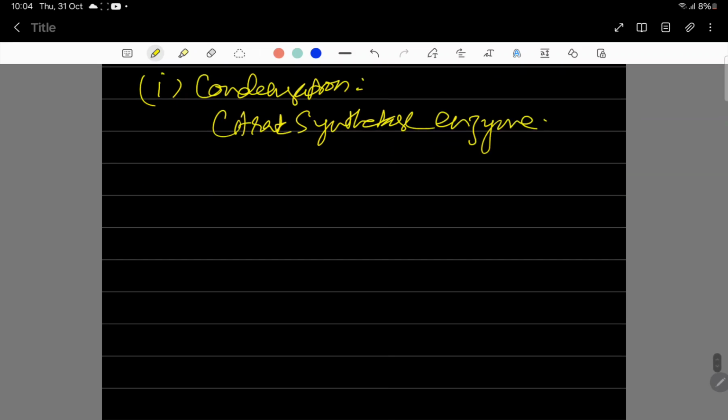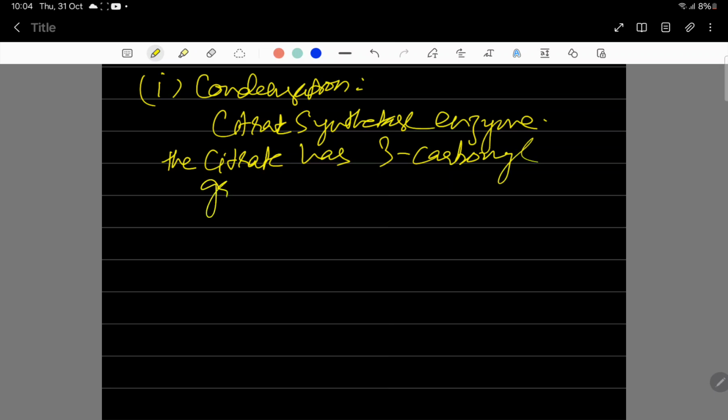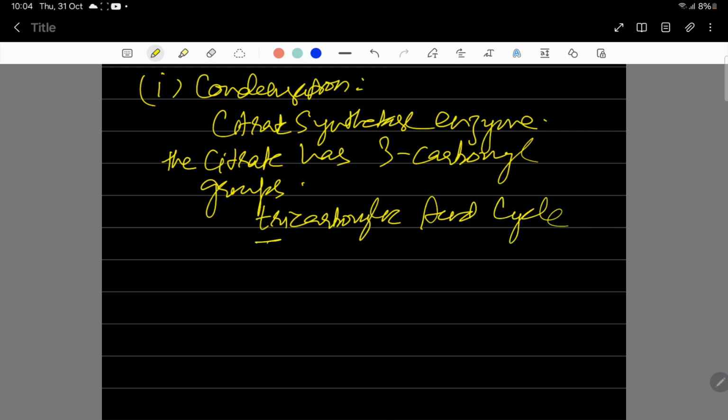The citrate has three carboxyl groups. Hence, Krebs cycle is also called tricarboxylic acid cycle or TCA cycle after its first product.